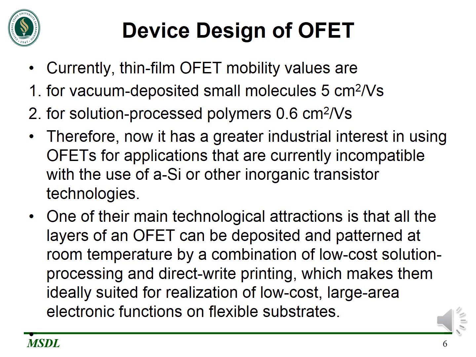In general for OFET, if we have vacuum deposited small molecules, then mobility value is 5 centimeter square per volt second. And for solution process polymer, it is 0.6 centimeter square per volt second. So use of OFET is increased in industry.